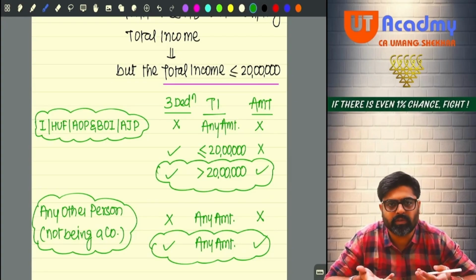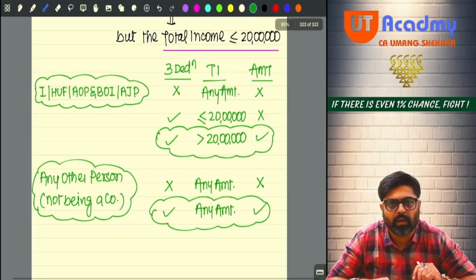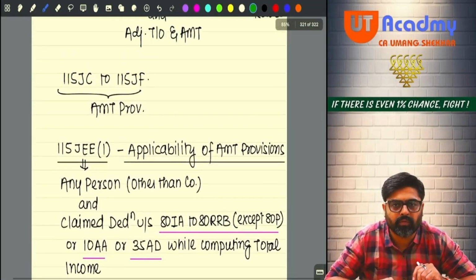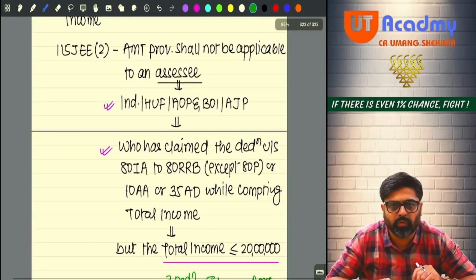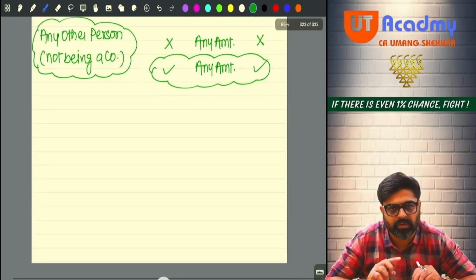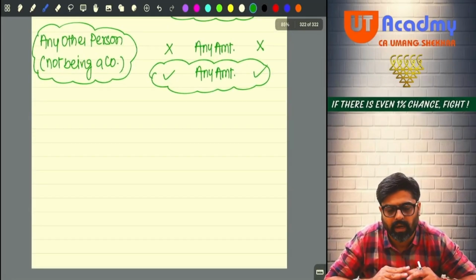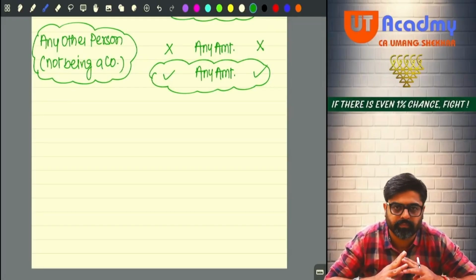Did you know when the provisions will apply? Now what are these provisions telling you? After looking at 115JEE, we came to know that AMT provisions are getting applicable. Are you covered by AMT provisions? Yes.